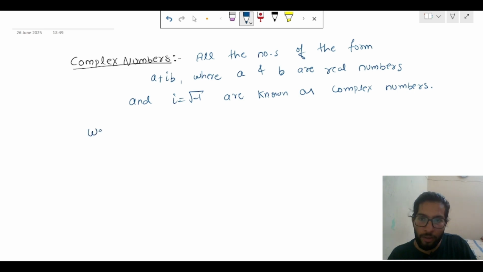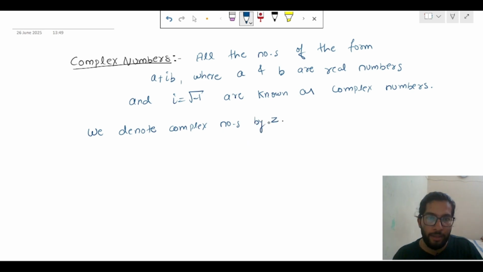And we denote complex numbers by z. Okay, this is small z.